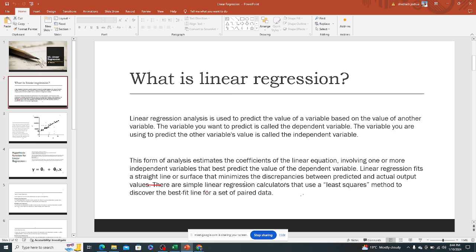We'll also look at different ways in which we can determine the goodness of our model, or how reliable our model will be. And this will also discuss the p-value.